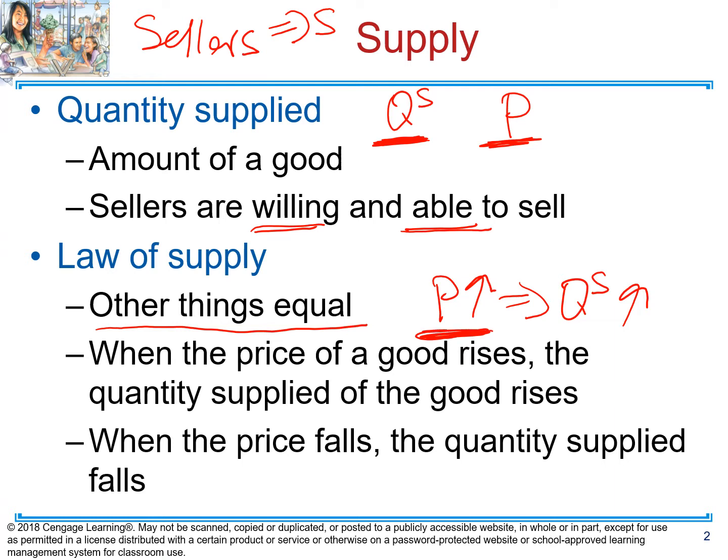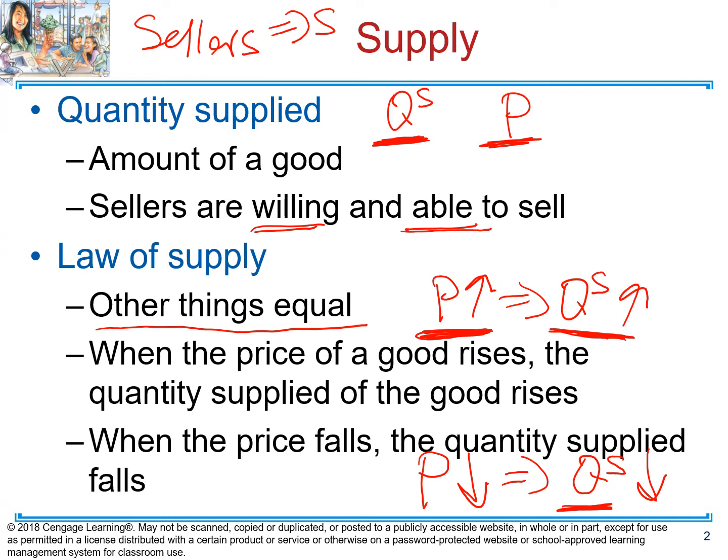So when the price of the product is increasing, the seller wants to supply more of it, and vice versa. If the price of the product is decreasing, selling each unit is not that profitable, so the seller will be willing to supply or sell less of it. So quantity supplied is going to decrease.